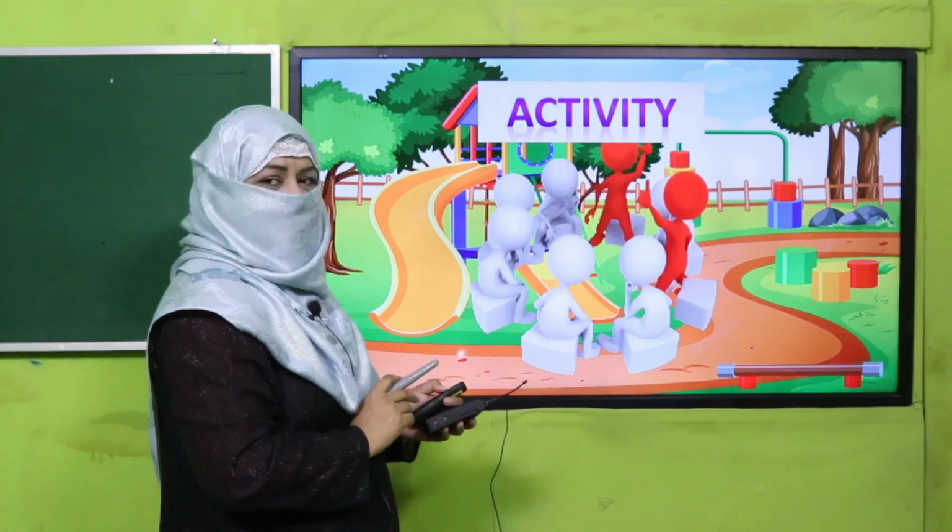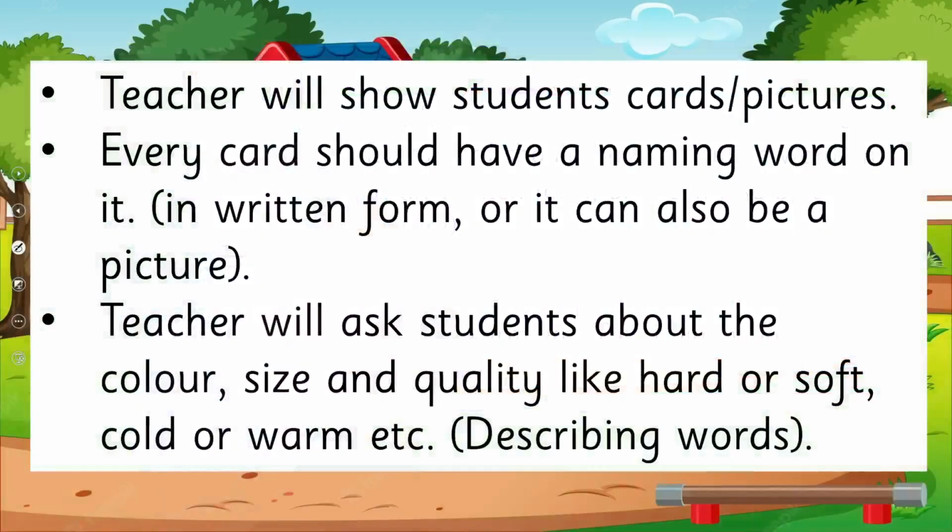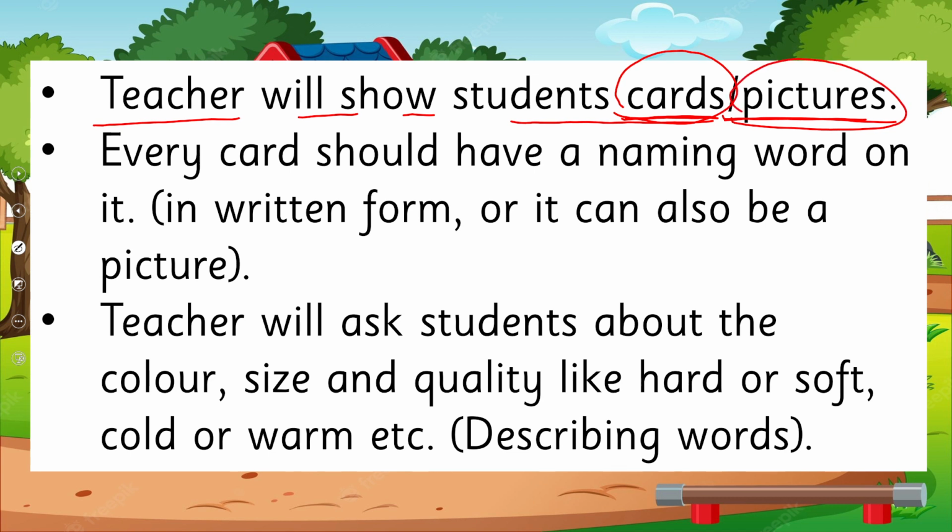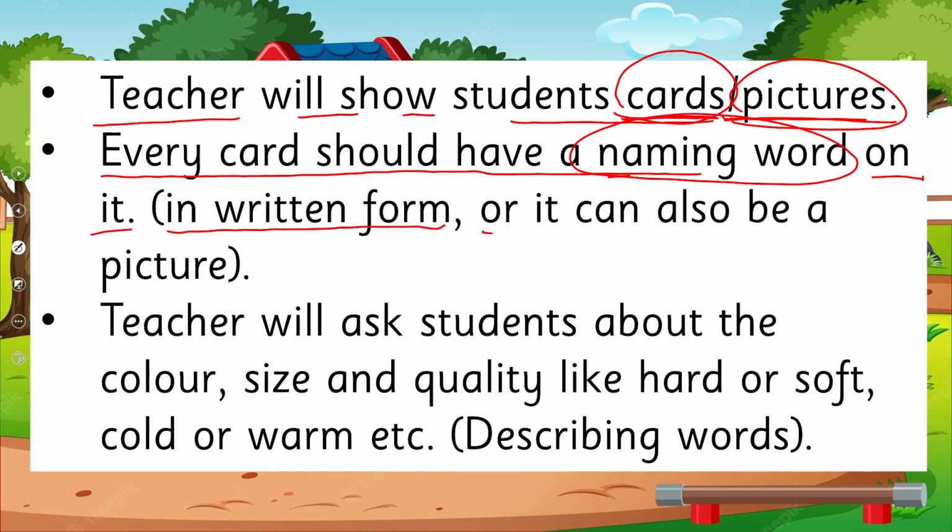So let's practice it through an activity. What we are going to do, teacher will show students cards or pictures. It is up to teacher. If you have flashcards, you can use it, or you can show pictures even from the book. And every card should have a naming word on it in written form, or it can be a picture. Okay, this is all up to teacher.